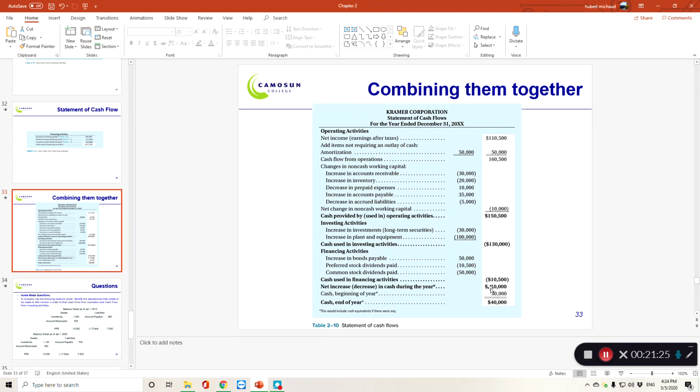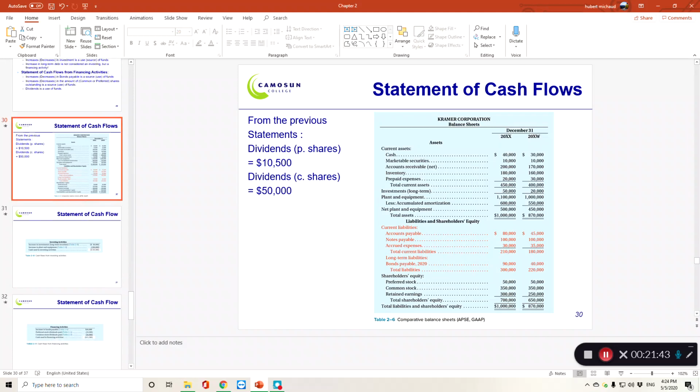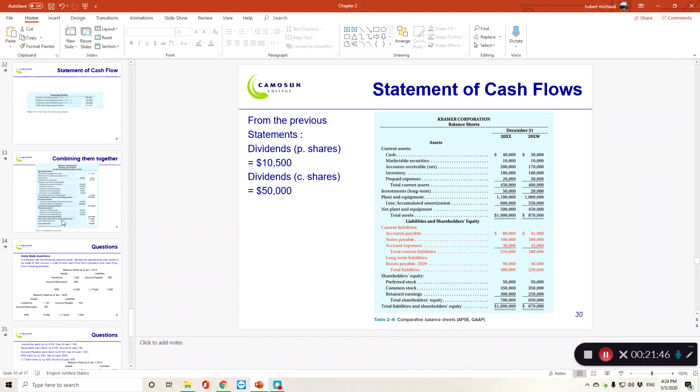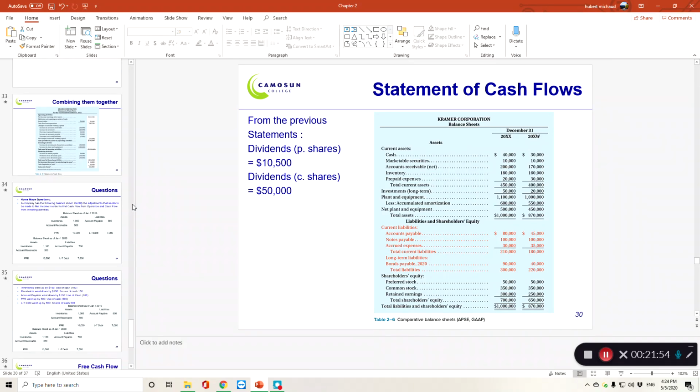This means that we have a $10,000 increase in the amount of cash we have from the previous year. In the previous year we had $30,000, so we have $40,000 now, and this can be seen here. The difference of $10,000 comes from everything I just explained, which you should be able to do. It's tedious, it's long, but it's not that difficult if you take your time to do it correctly.